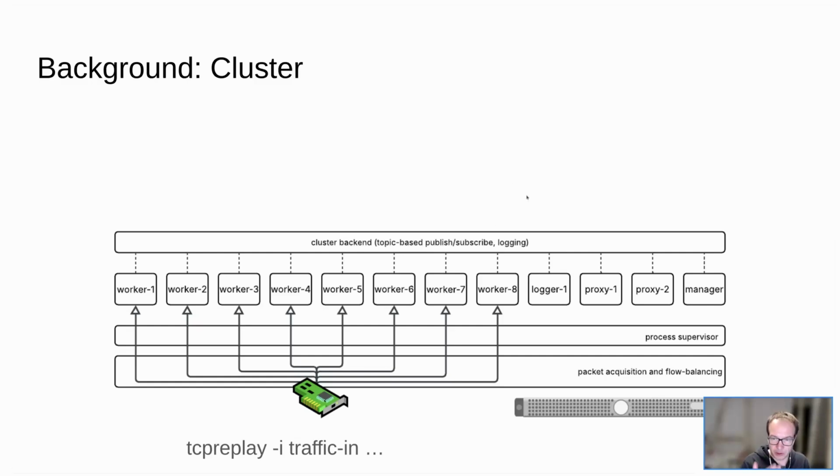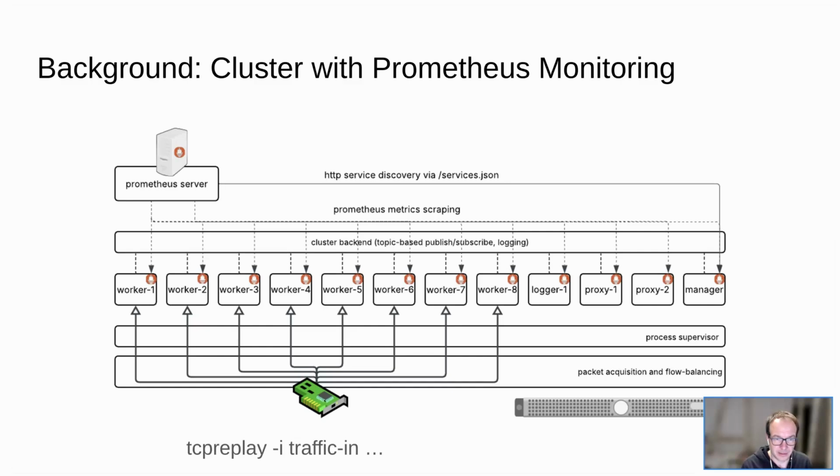Okay, what we have in newer Zeek versions is then for monitoring. I'm just going to mention this because I'm using this a bit, is that all of these processes also have a Prometheus metrics endpoint, and you can set up a Prometheus server to monitor them individually.